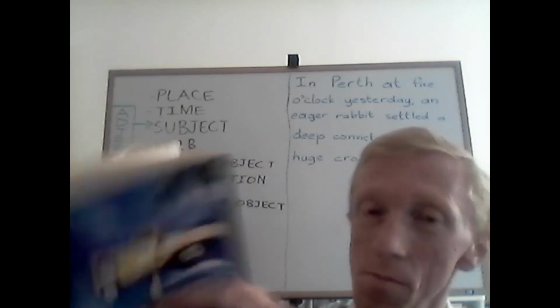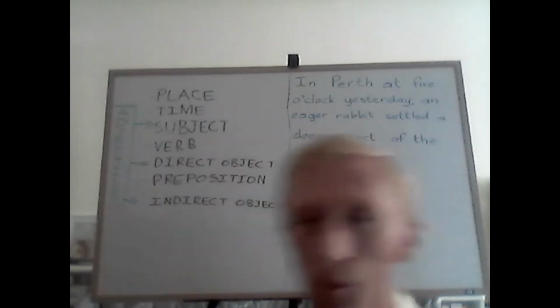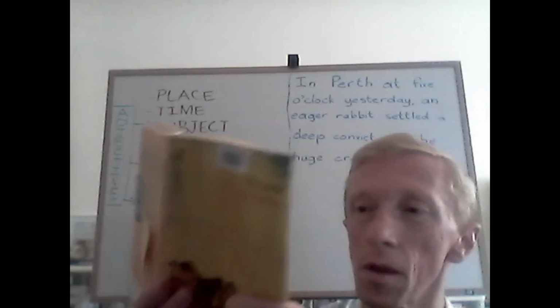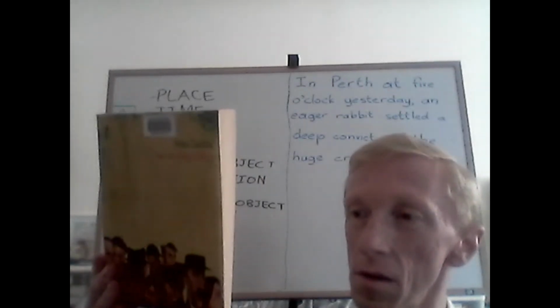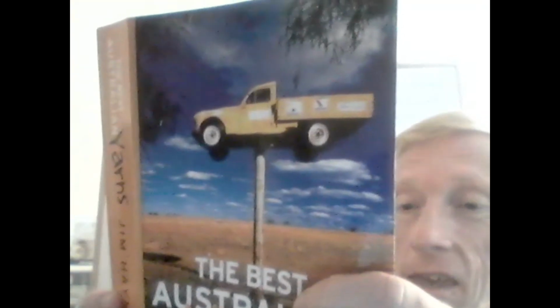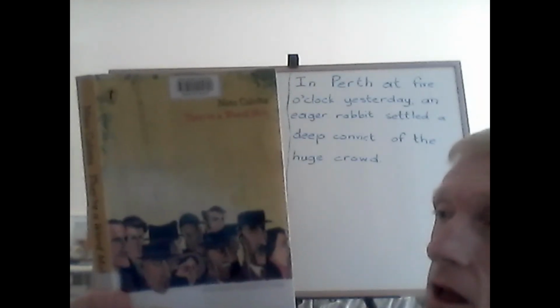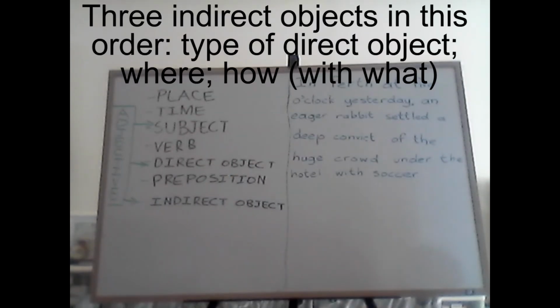With, and back to our indirect object book. Soccer. And we can say under. Hotel. Under the hotel is the place, so it goes in front of with soccer. The place always goes first.